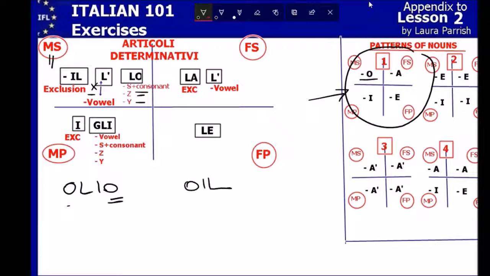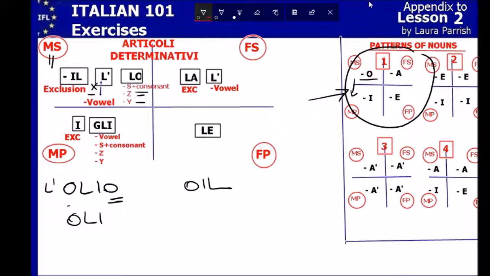This one: l'olio. Let's make it plural. You substitute the O with an I, but you never double the same letter. So in this case, the right plural for olio is just oli, okay?